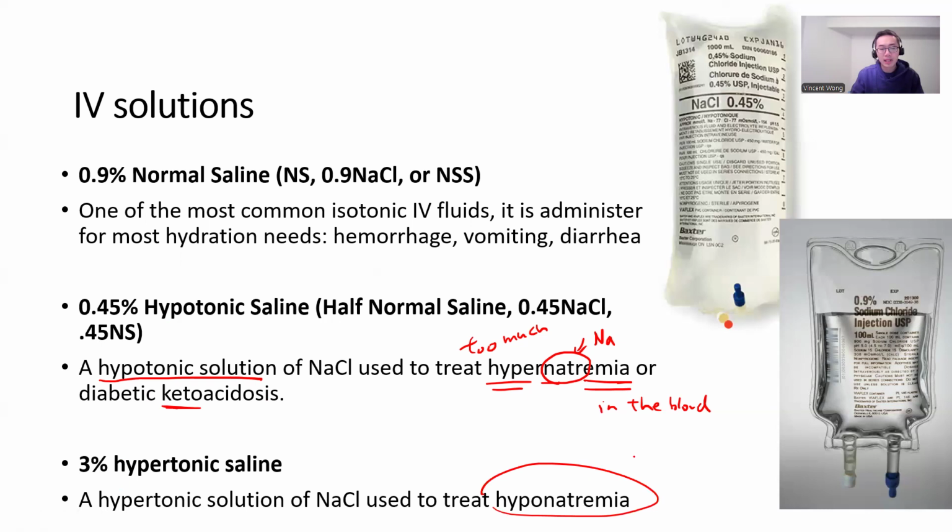If a person is very low in electrolytes, very low in sodium in the blood, they might give them hypertonic salines. It's also used to treat some kind of pressure building up in the brain, apparently, but it's very rare.